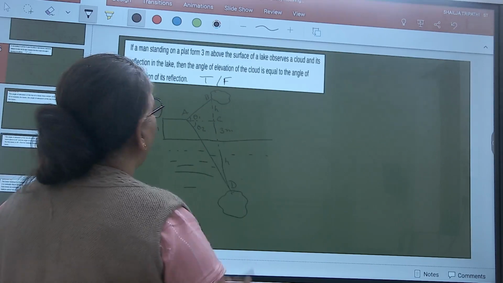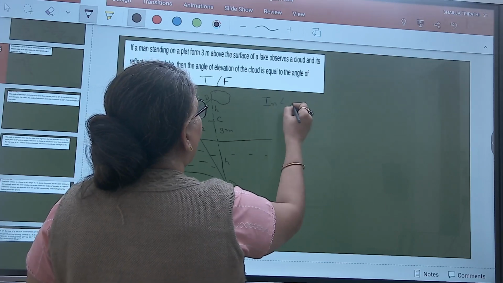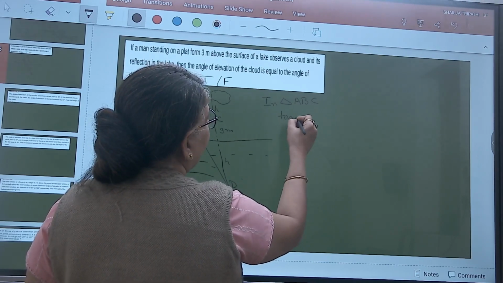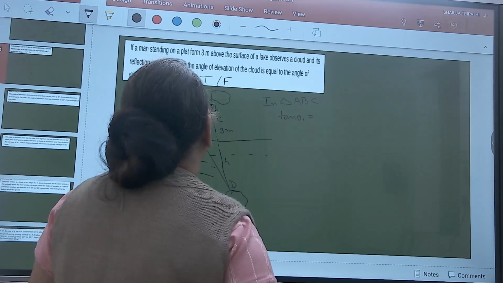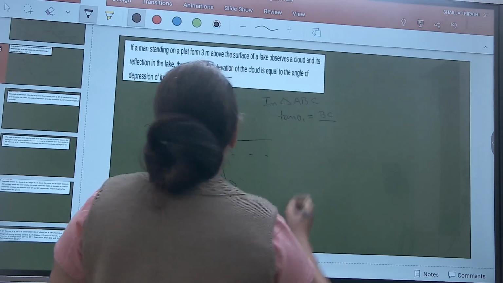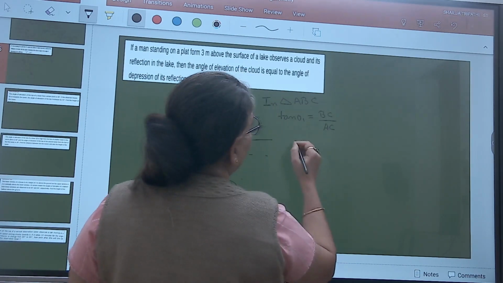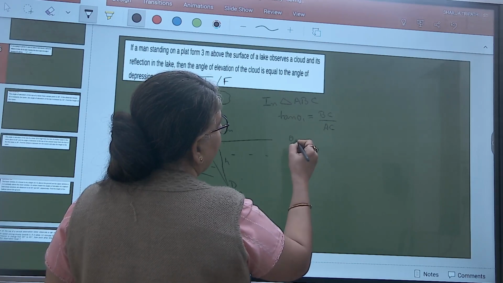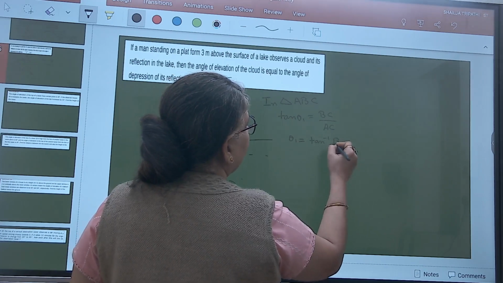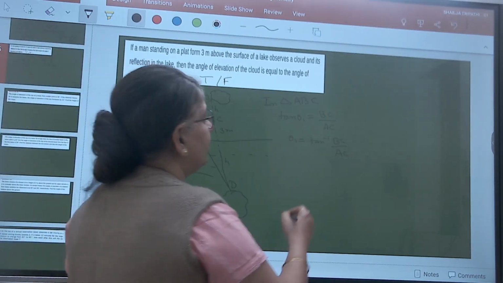Now in triangle ABC, tan theta 1 is equal to BC upon AC, or we can write theta 1 is equal to tan inverse BC by AC, and BC is nothing but h.